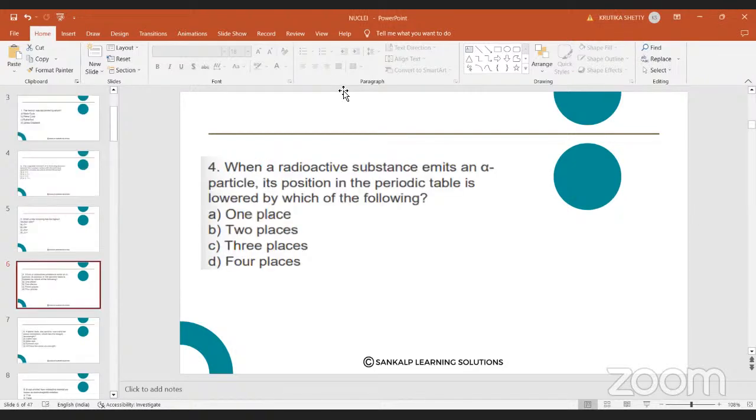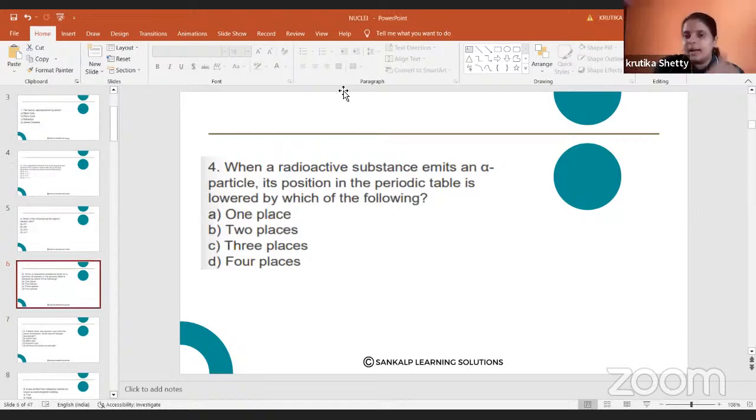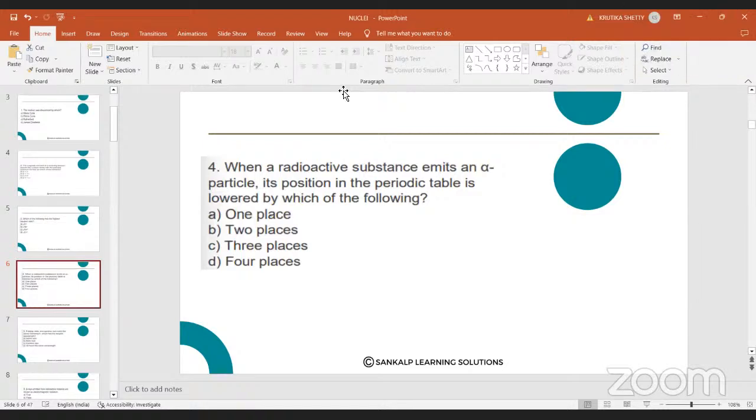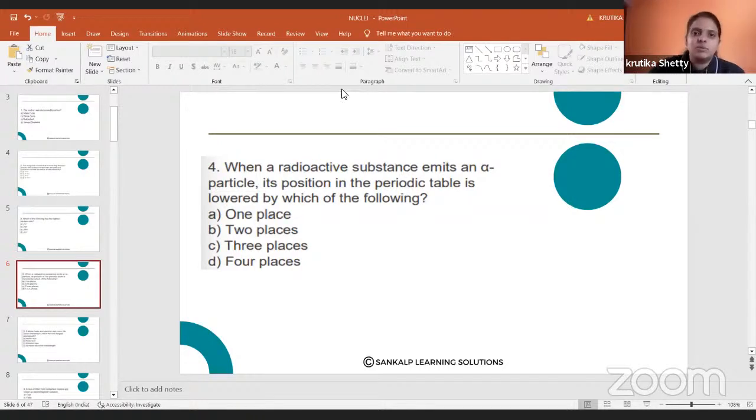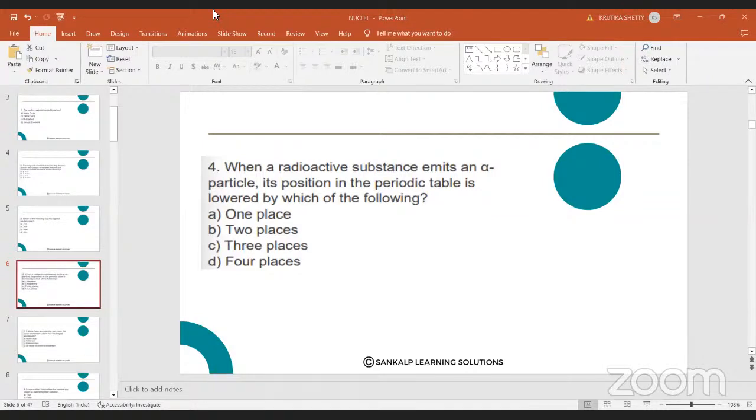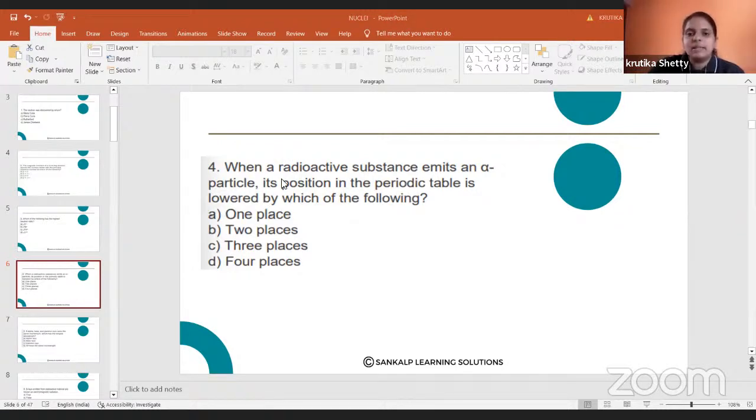Then the next question. When a radioactive substance emits an alpha particle, its position in the periodic table is lowered by which of the following? Students, mute yourselves. When the radioactive substance emits an alpha particle, its position in the periodic table is lowered by how much? For an alpha particle, the mass number decreases by 4 and the atomic number decreases by 2.